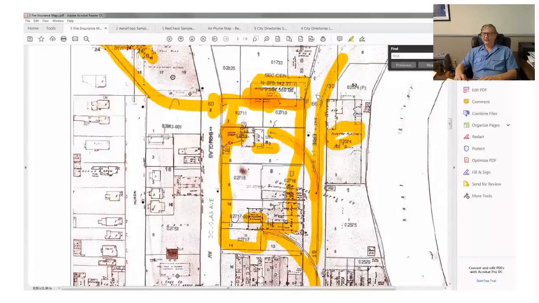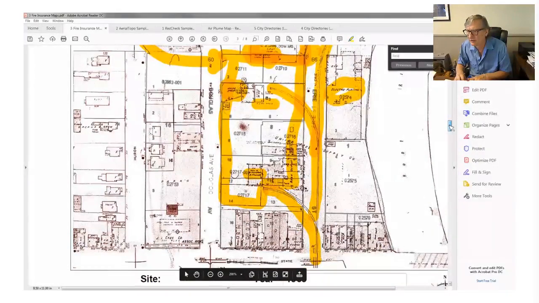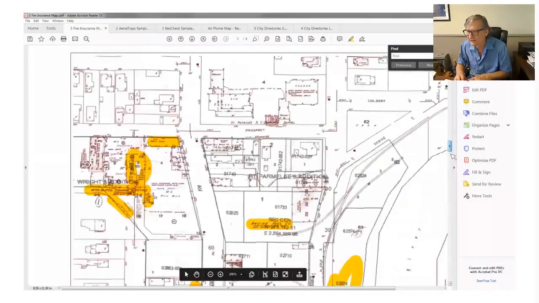Now, the other thing is, I said I always like to get something off these fire insurance maps, and it's the addresses. So right here, we got 950 Erie Street. And I'm going to make note of this because when we review, this isn't a very good one.